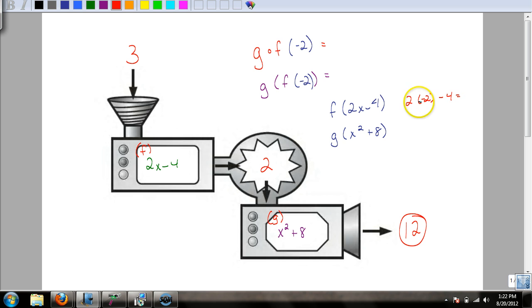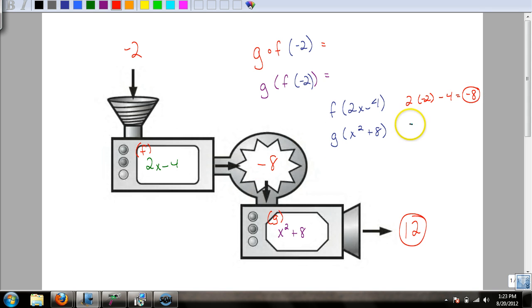When I do that, 2 times -2 is -4. -4 minus 4 gives me -8, but I'm not done yet. Remember, all I've done is put -2 inside of function f, giving me -8 as my answer. Now this -8, I'm going to put inside of function g.